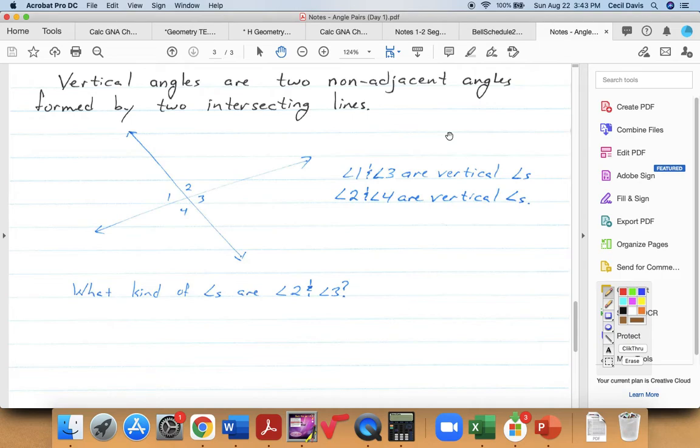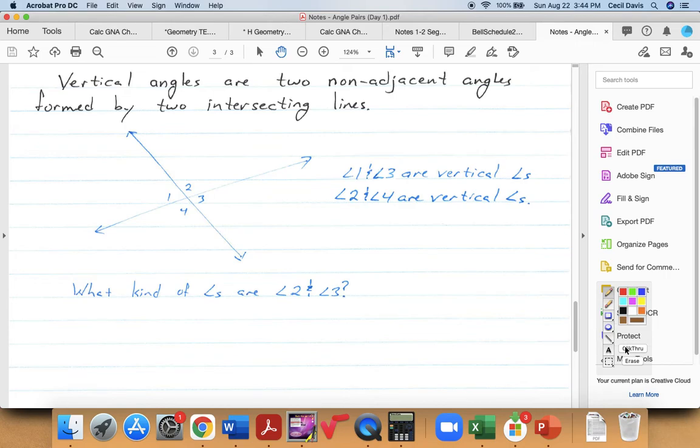So in this picture, 1 and 3 are vertical angles, here and here. 2 and 4 are vertical angles. They are opposite each other. They're across from each other. Just as a reminder, what kind of angles are angles 2 and 3? Well, 2 and 3 are adjacent because they share this side and they don't overlap.